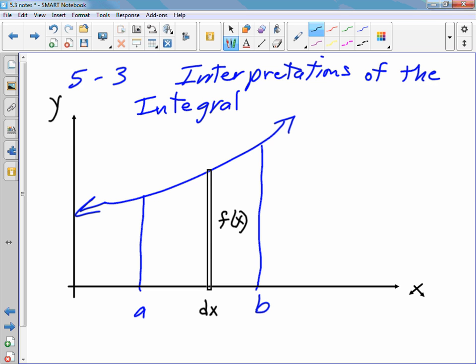So if we want to express the area of the rectangle, then it would be f of x times dx. Good.